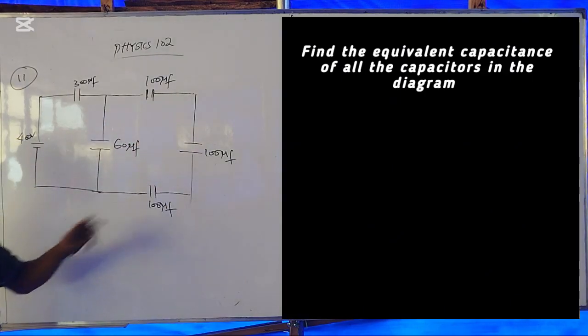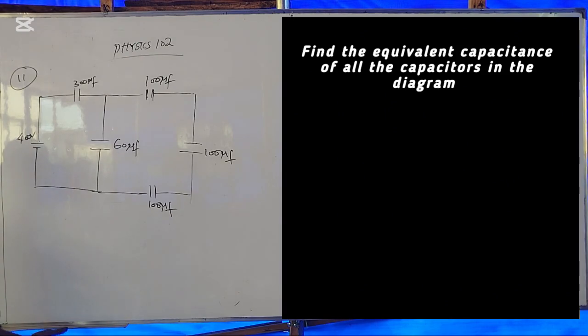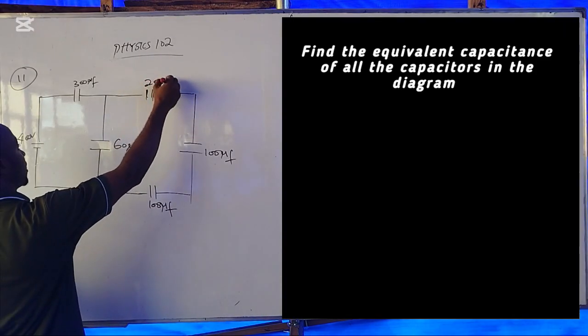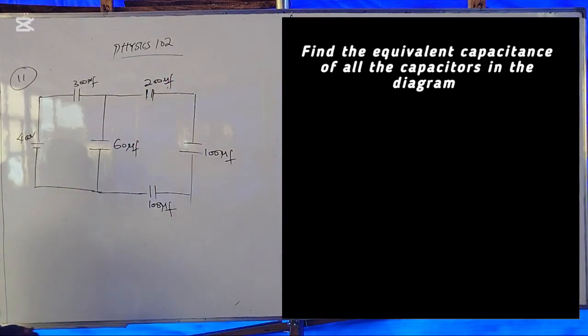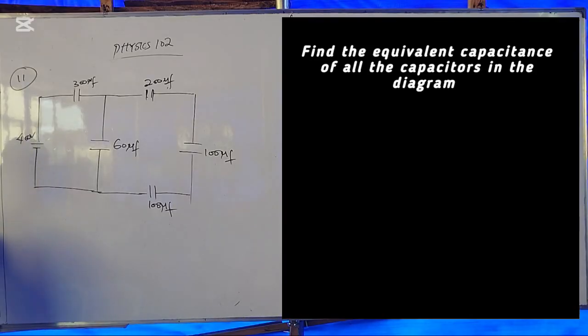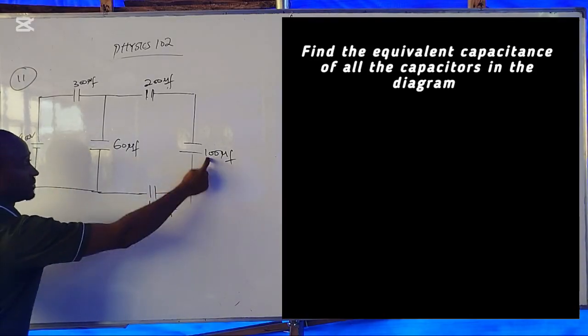This, and this are in what? In series, Abi? Is it not? Which one is 200? The up one is 200, sorry. Microfarad, Abi? Is it not? These 3 are in what? In series. I can resolve this in series, Abi.